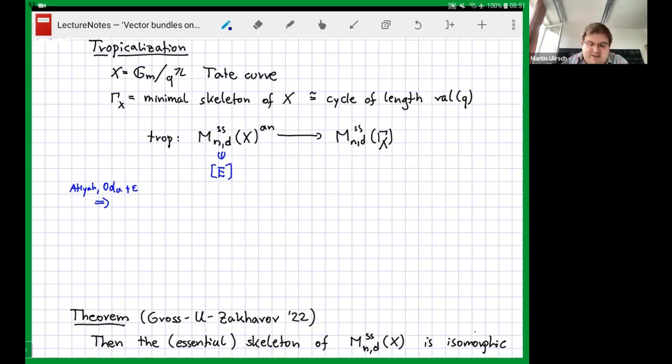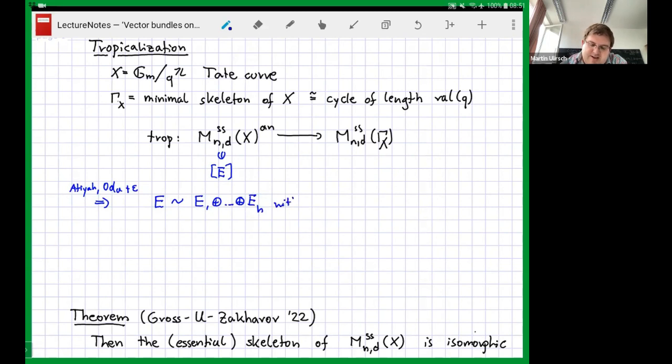It tells us that this thing is S-equivalent, meaning they have the same Jordan-Hölder filtration, to the direct sum of E_1 up to E_h of vector bundles, where each of those E_i is indecomposable.